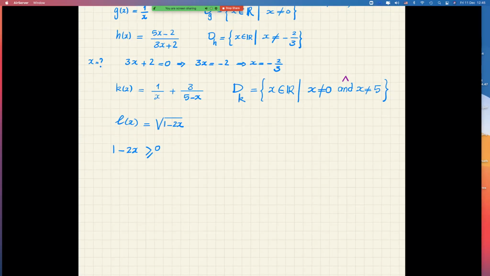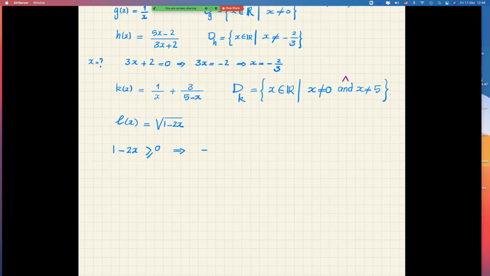If you remember your previous lesson, what was the name of this lesson? An inequality. Exactly, that's an inequality. So I have to solve the inequality.